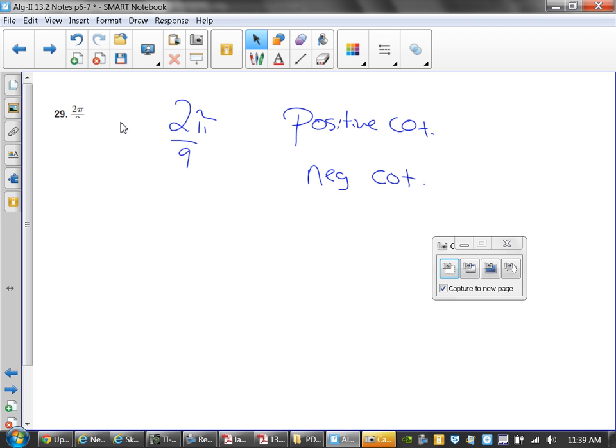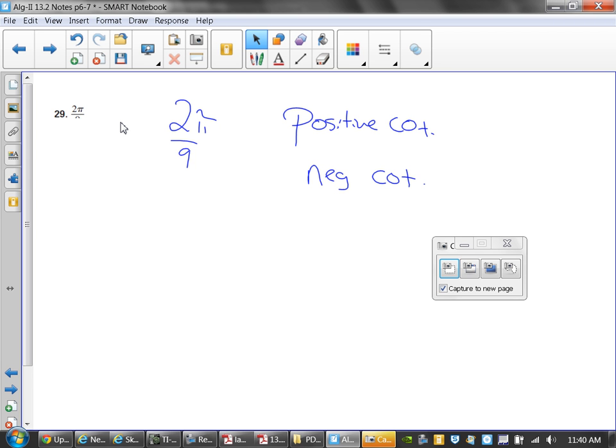Now, this is a lot simpler than you guys believe. Is 2 pi over 9 within one revolution? One full revolution? Yes, it is. So, if it was 15 degrees, you'd add 360 and subtract 360, correct? I'm in radians, so instead of adding 360, I'm going to add 2 pi.